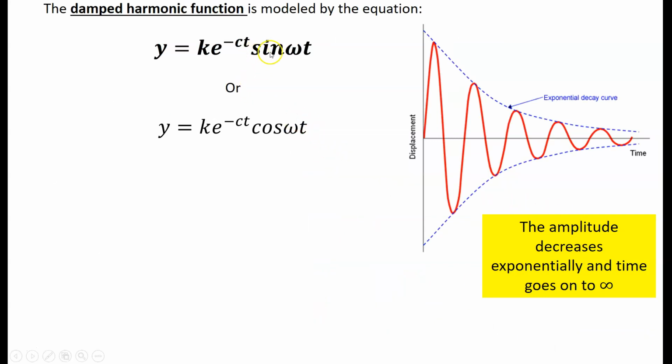It could be that you did this with a sine wave, or you could do this with a cosine wave. It really doesn't matter. But if its dampening factor is exponential, you'll have some version of this. Now, the k, that'll just be a number. The c, that's just going to be a number. This omega, that's just going to be a number. Hopefully you recognize e from when we did logarithms.